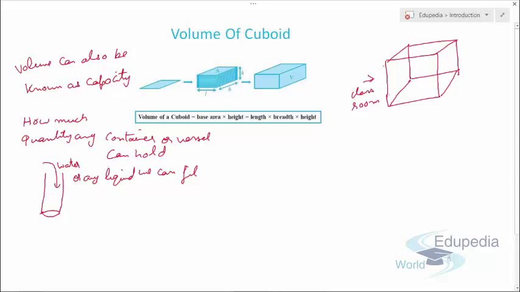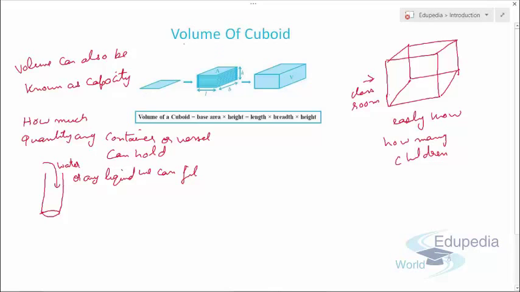Now if we know how to find the volume of a cuboid, then we can easily know how many children or people can be accommodated in this classroom. So that's the use and need of finding the volume. So that's actually volume. Volume can also be known as the capacity of a container, or how much water or liquid, or how much quantity a vessel or container can hold, right?